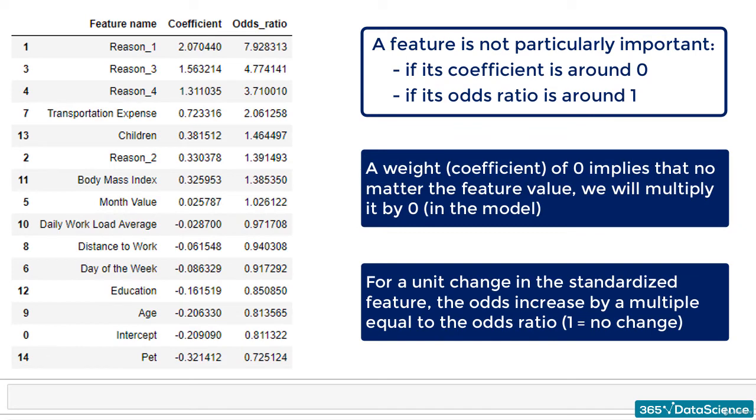Yes, we do. The daily workload average weight is minus 0.03, so almost 0, and its odds ratio is 0.97, so almost 1. So this feature is almost useless for our model, and with or without it, the result would likely be the same. Do we have other variables that can fall into this category? Of course.